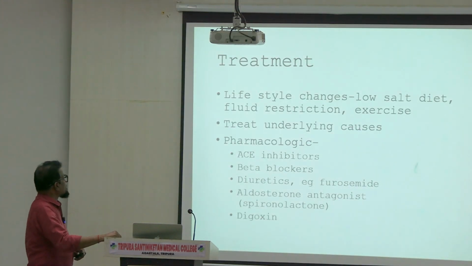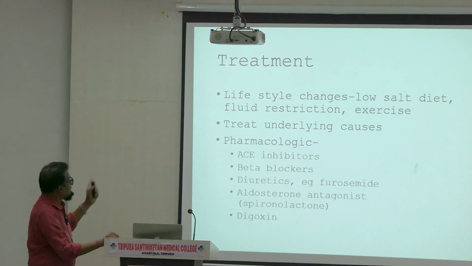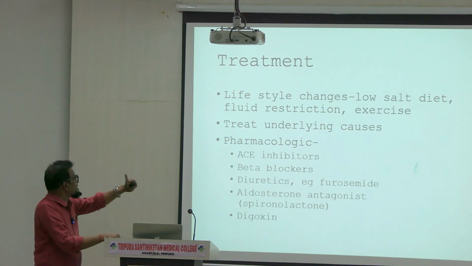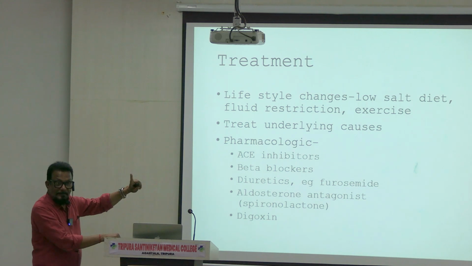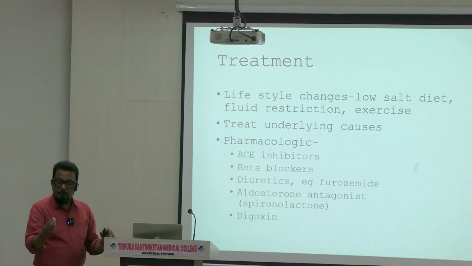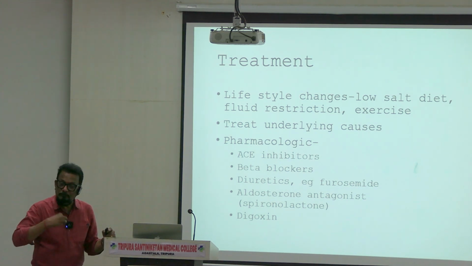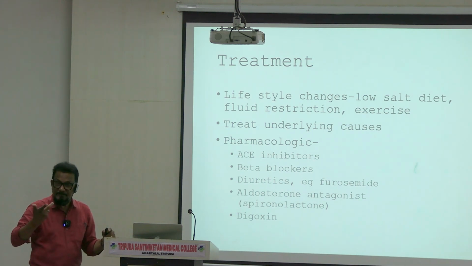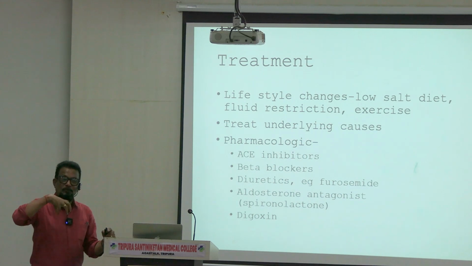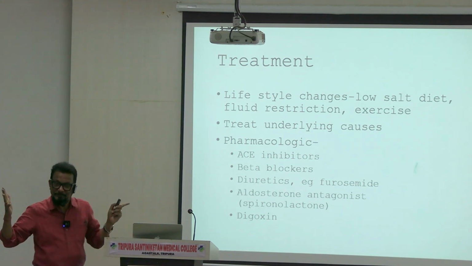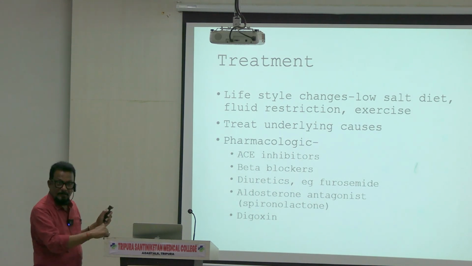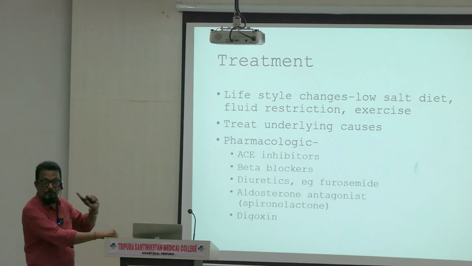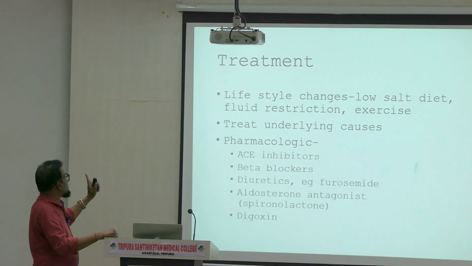Treatment. Lifestyle changes. This is important. Low salt diet. If you take more salt, blood osmotic pressure will increase. More fluid will accumulate, and blood volume will increase. That is why salt is not advisable.